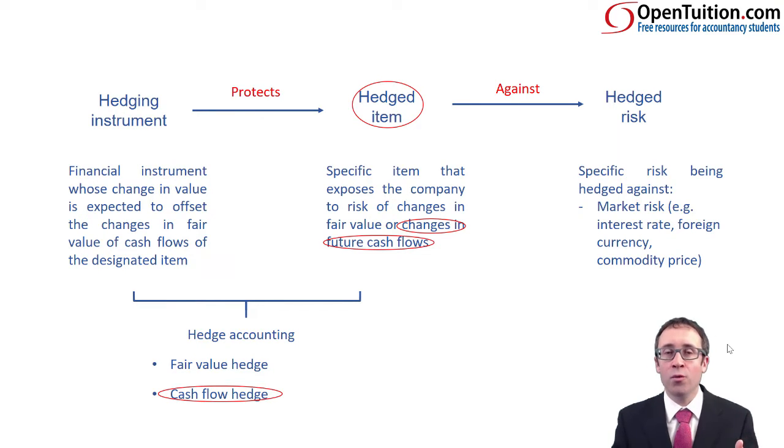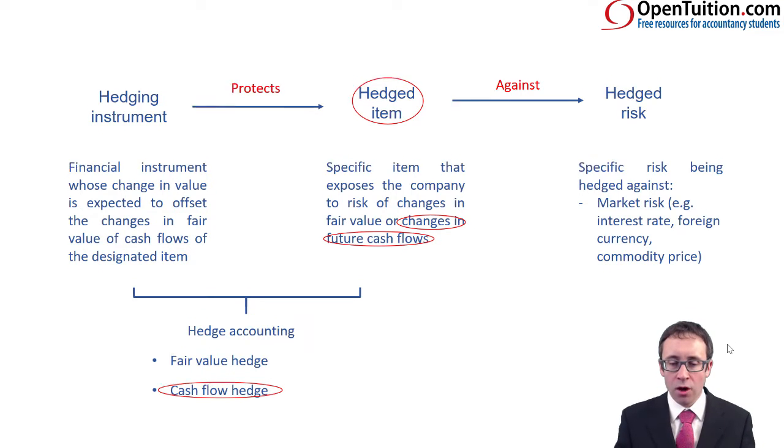If it does, it will make it more expensive and that will reduce your margins, won't it? So what we want to do is fix a price on that jet fuel so that if the price of jet fuel increases, then we just pay the agreed amount that we have within our future. Okay.